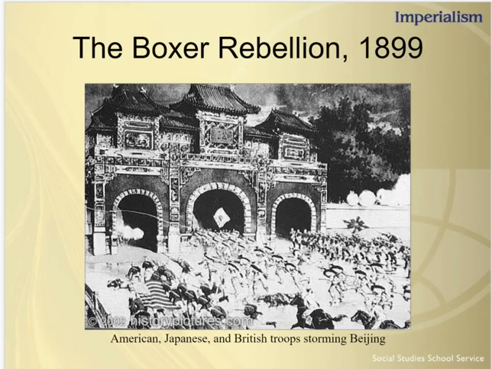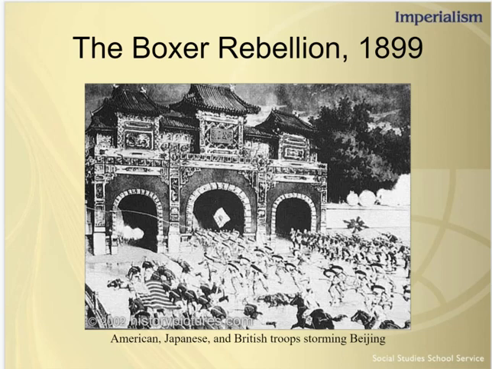In response to the European presence in China, nationalist groups emerged and organized in hopes of removing foreign influence from the country. One group, named the Harmonious Fists, called the Boxers by Europeans, attacked foreign missionaries, Chinese Christians, and government officials they held responsible for allowing Europeans to dominate China. In mid 1900, close to 150,000 Boxers occupied Beijing.